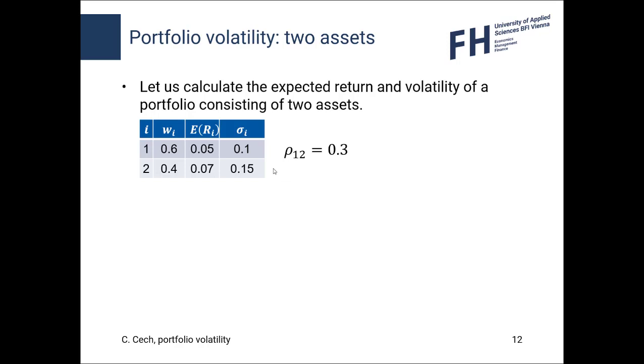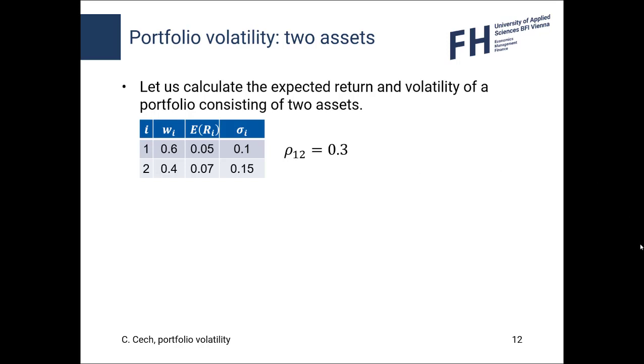And the portfolio volatility is 10% and 15%. So we see we have invested a larger fraction in asset 1. Asset 1 has a lower expected return but also less risk, and asset 2 has a higher expected return but also more risk. The correlation between the returns is 30%.